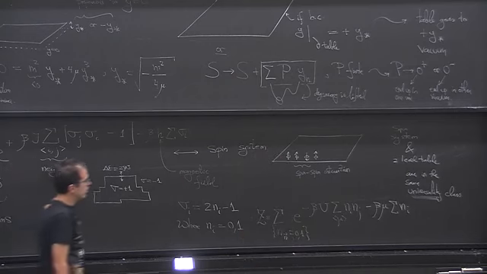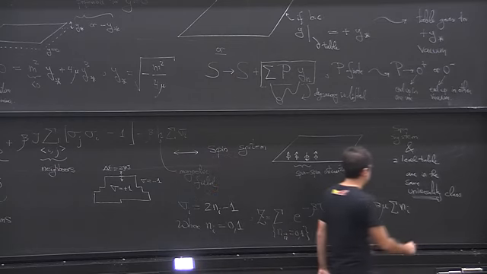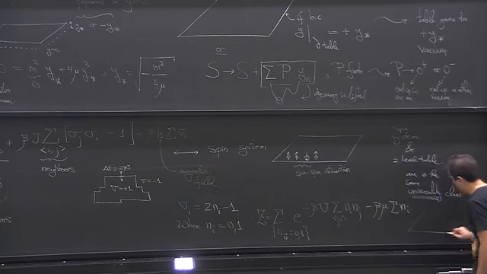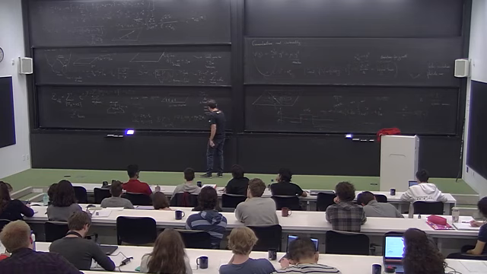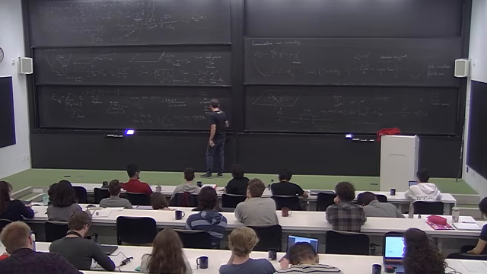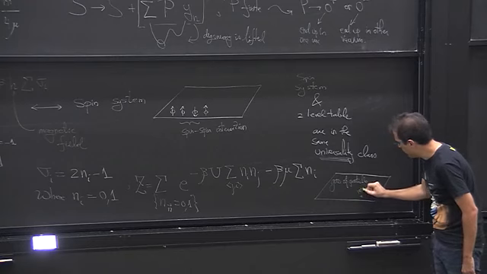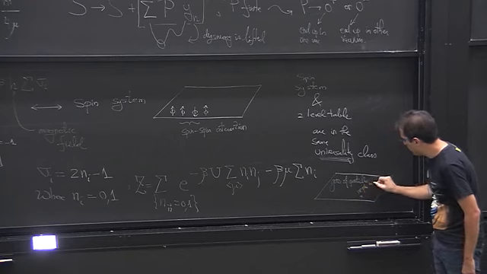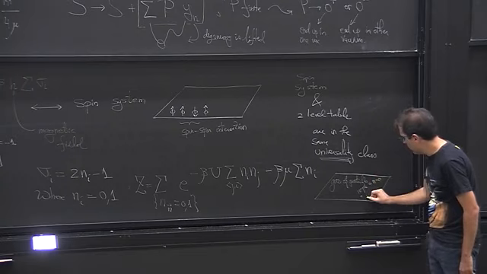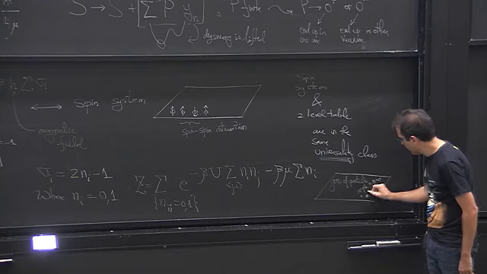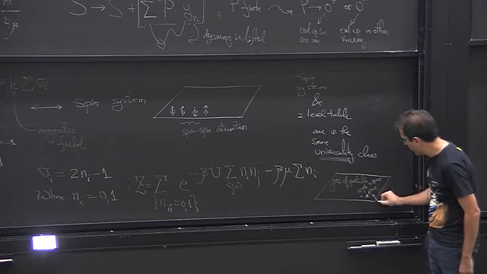And now I could interpret this as saying that I have a gas of particles, and at each site I can have no particle, which would correspond to n equals 0, or I could have one particle, which would correspond to n equals 1.